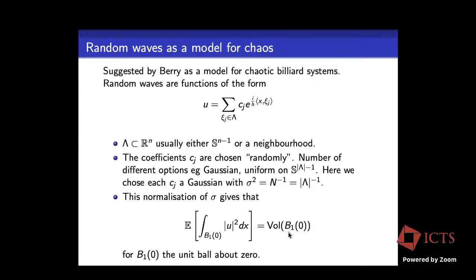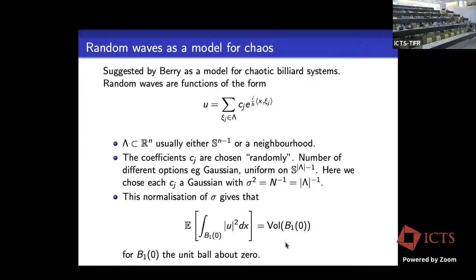This gives me a natural sense of what should be size 1, and when I talk about various random variables, I'm always going to be comparing them to the volume of the ball of radius 1.